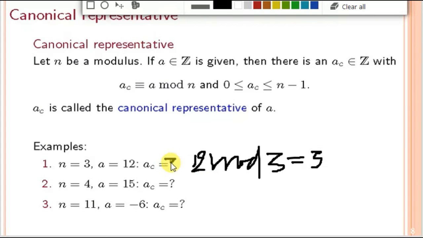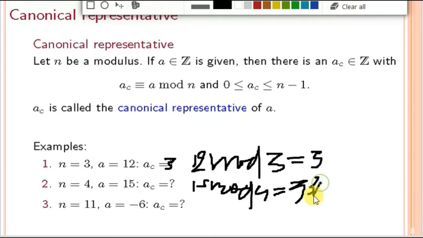Similarly, n equals 4 and a equals 15, then 15 mod 4: 15 is divisible by 4, 3 times, and 3 is the remainder.